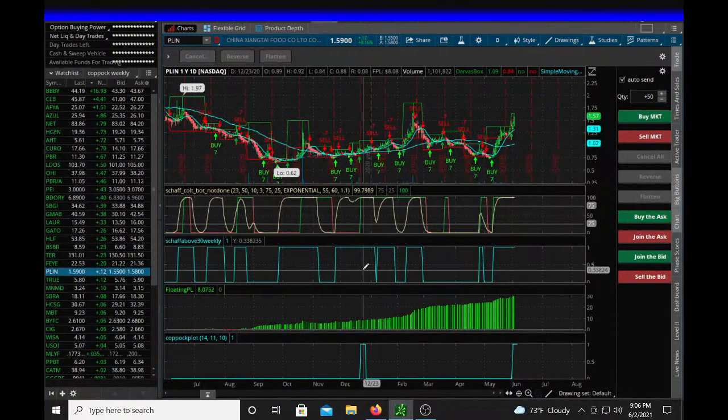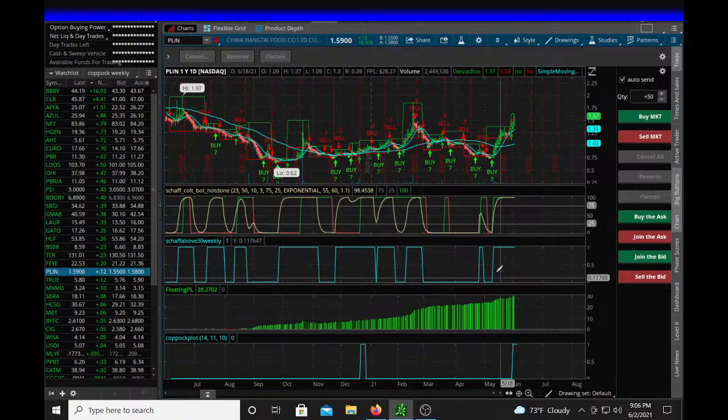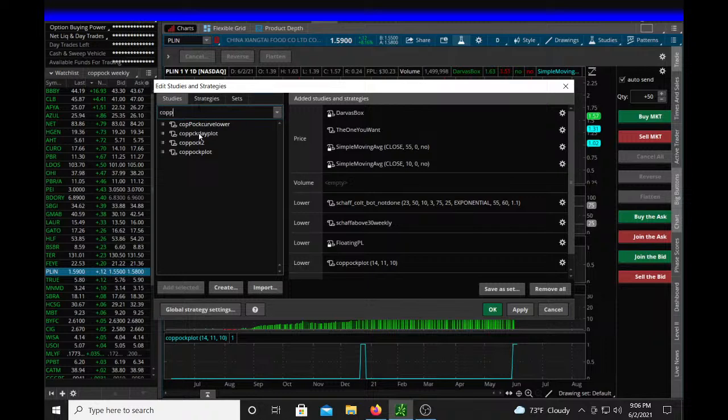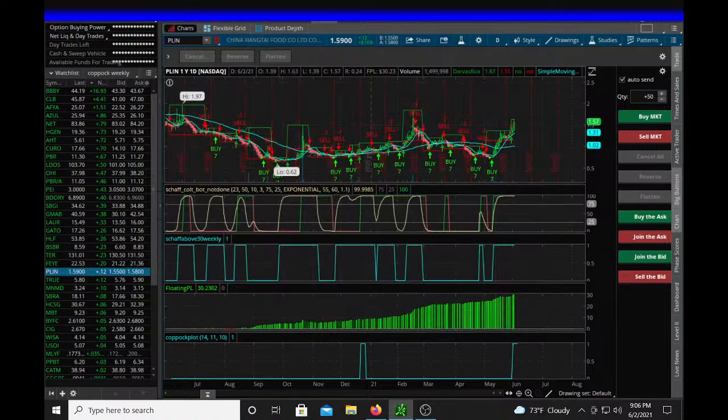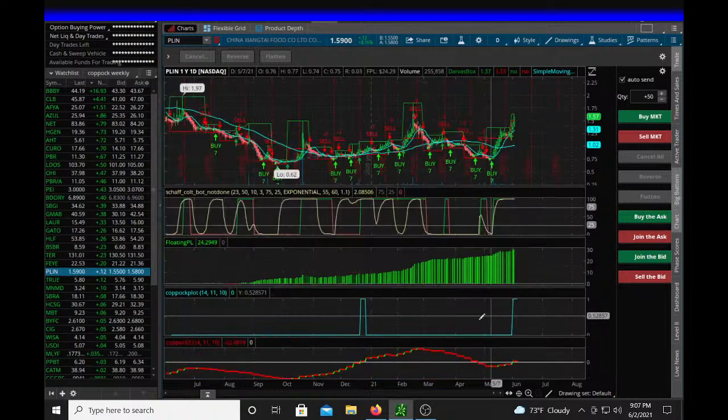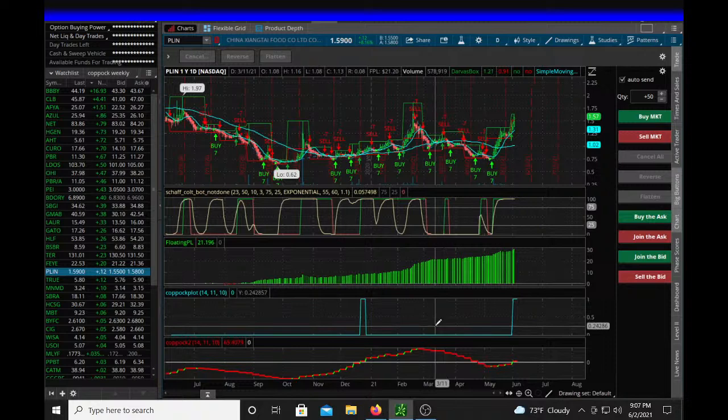It's giving a buy signal there, and it's giving a big buy signal there. And we need to find the regular Kapok plot. Kapok day plot, Kapok lower. Get rid of that one. Okay, I see what's going on here.